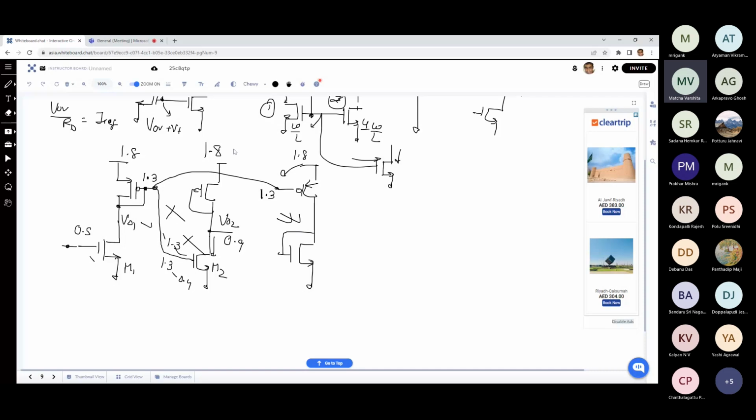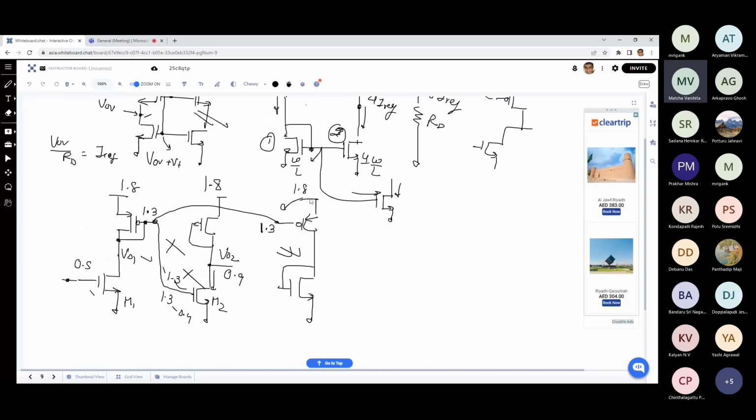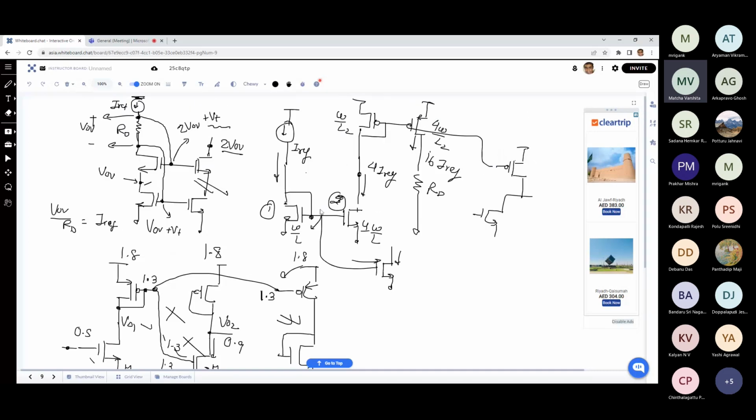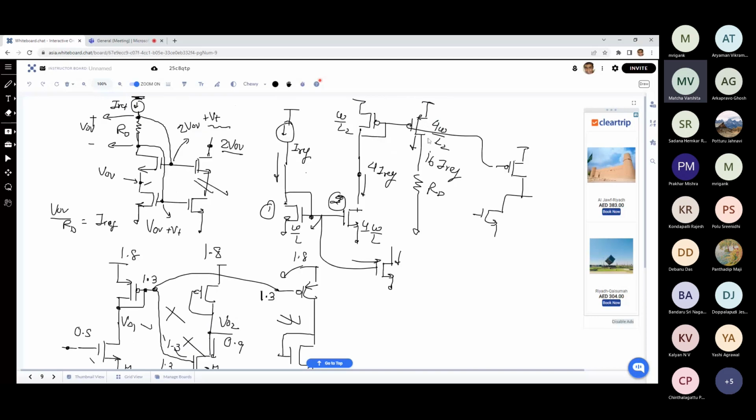So I hope this will be useful again when we are looking at multi-stage amplifiers, differential amplifiers, etc. And this came to my mind because this is also linked to the current routing scheme that we are looking at. As I said here also, in many cases, some circuits will require biasing for an NMOS tail current source, and some other connected circuits will require biasing for a PMOS current source.